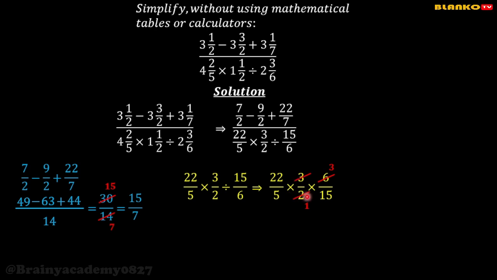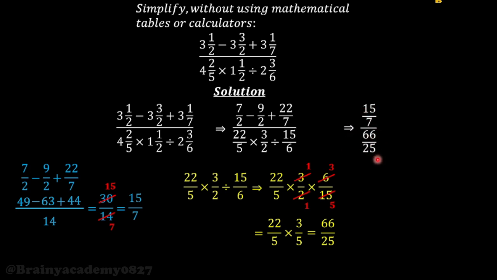This 3 cancels itself once and cancels the 15 five times. So we are left with 22 over 5 times 3 over 5, which is equal to 66 over 25. Simplifying the denominator, we got 66 over 25. So the expression now becomes 15 over 7 divided by 66 over 25.